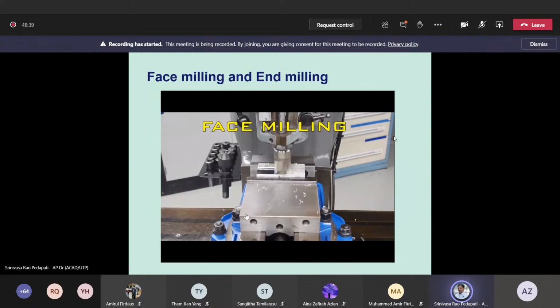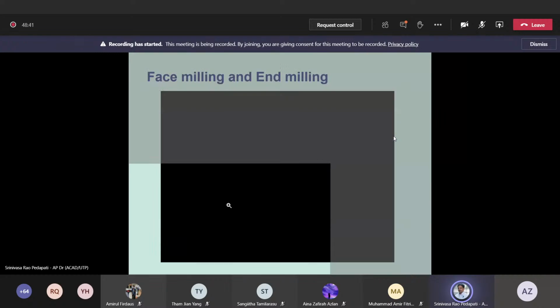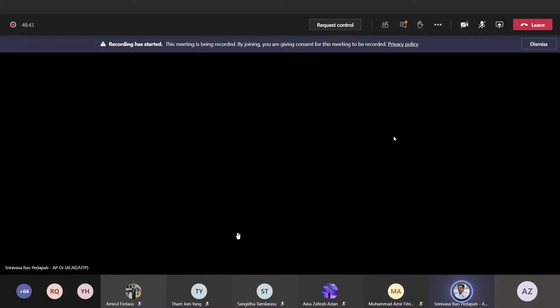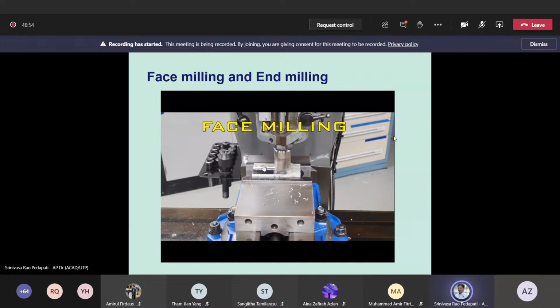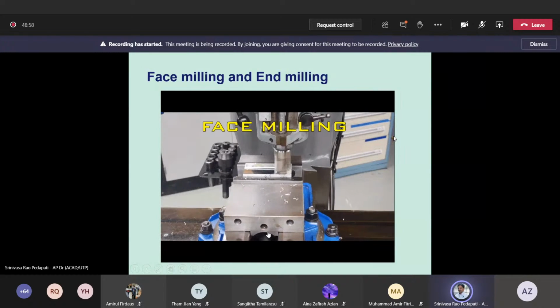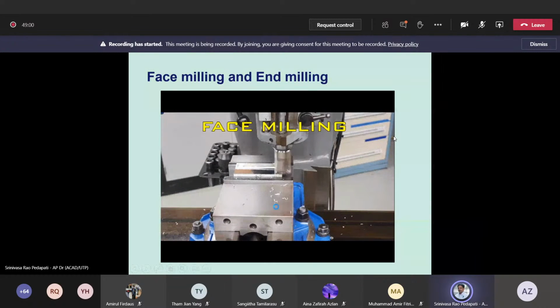So if you look now, the face that is machined is here, which is glowing. The face that was originally there, that is in the aluminum. So you see the difference between the already milled surface and the unmilled, unmachined surface. You see now in the second round.